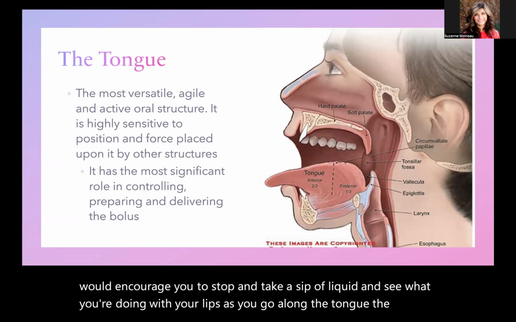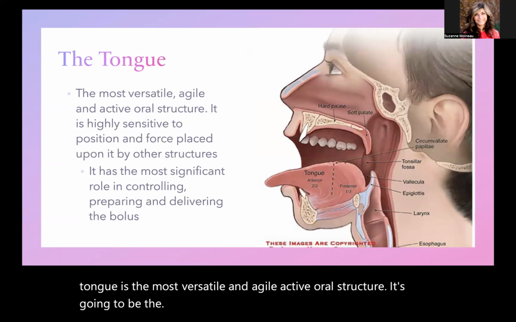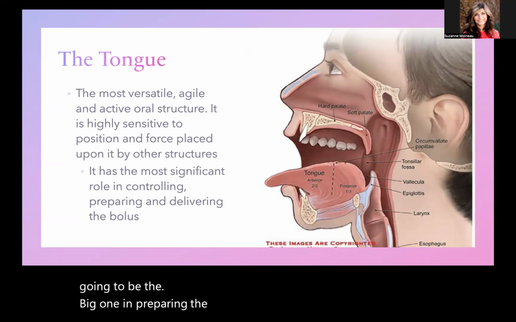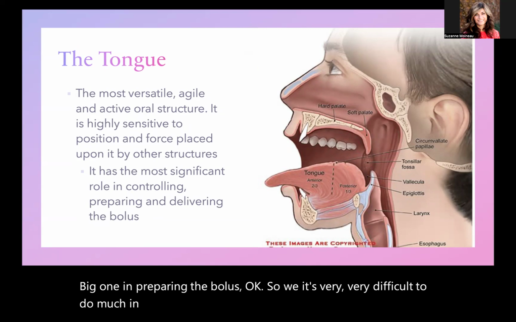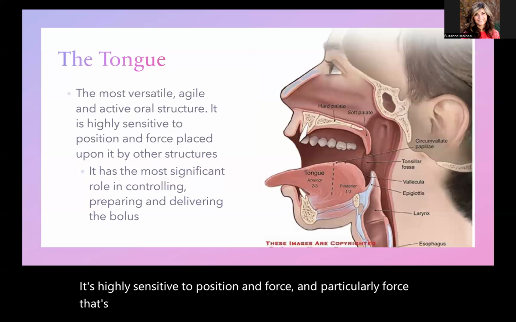The tongue is the most versatile and agile, active oral structure. It's going to be the big one in preparing the bolus. Okay, so it's very, very difficult to do much in oral preparation without our tongue. It's highly sensitive to position and force, and particularly force that's placed upon it by other structures.